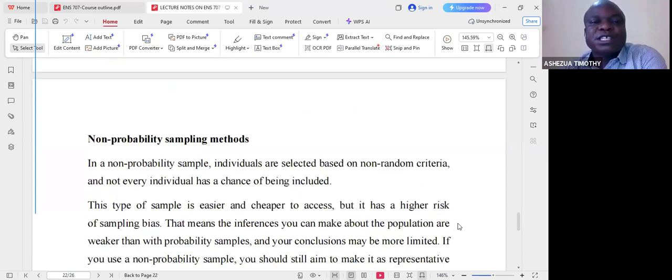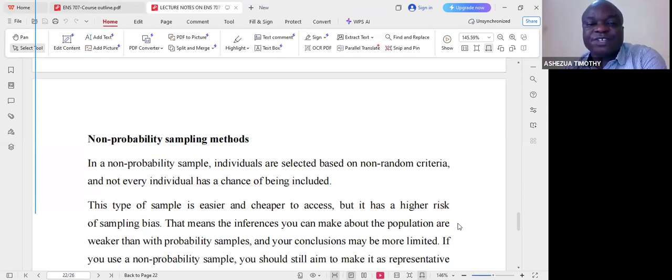So under non-probability sampling methods, in a non-probability sample, individuals are selected based on non-random criteria, and not every individual has a chance of being included. This type of sample is easier and cheaper to access, but it has a higher risk of sampling bias.